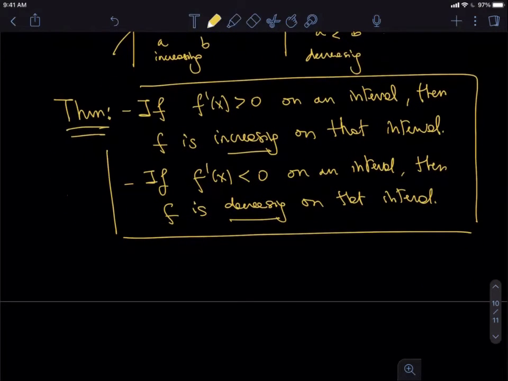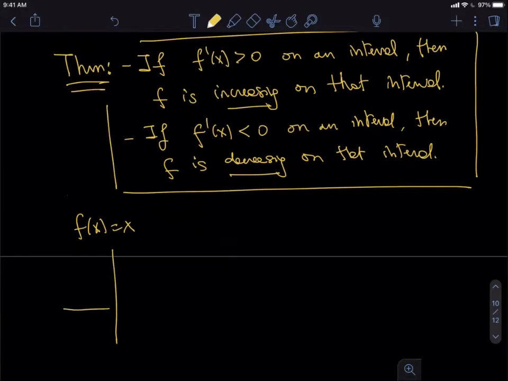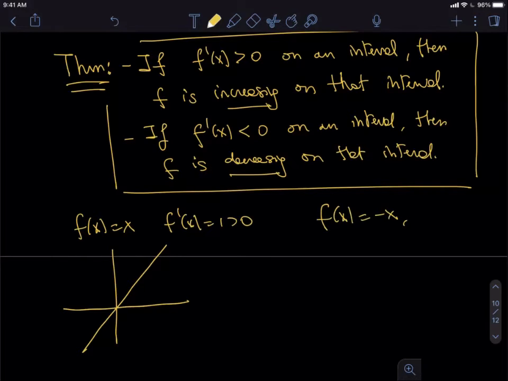This is very easy to remember. You just need to think about the function f of x equals x. How does this one look? This one is increasing and it has derivative which is positive. And if we think about f of x equals negative x, the derivative is negative, and of course it's decreasing.